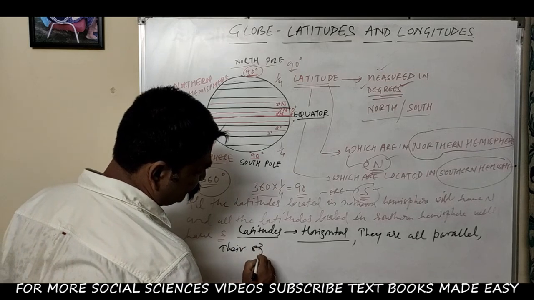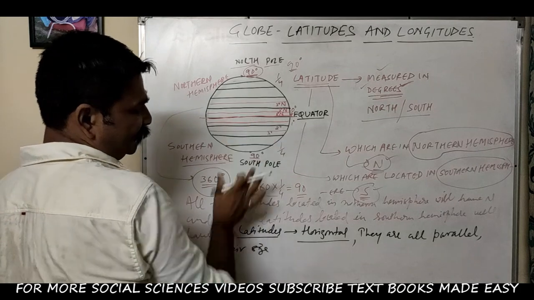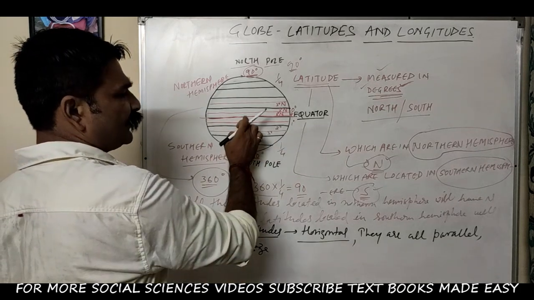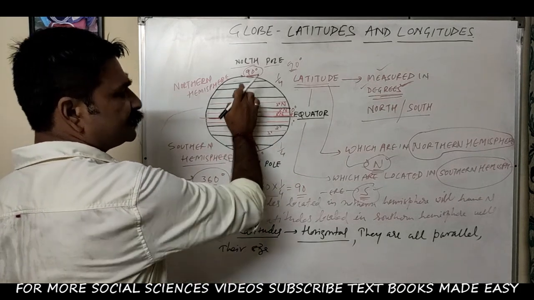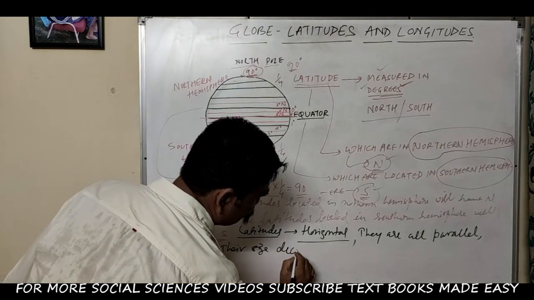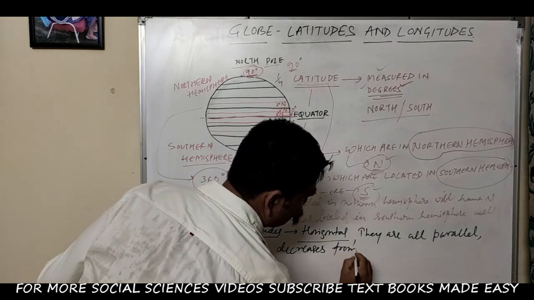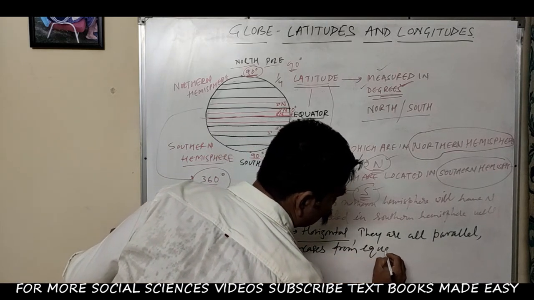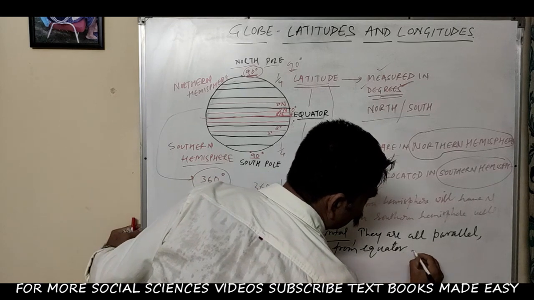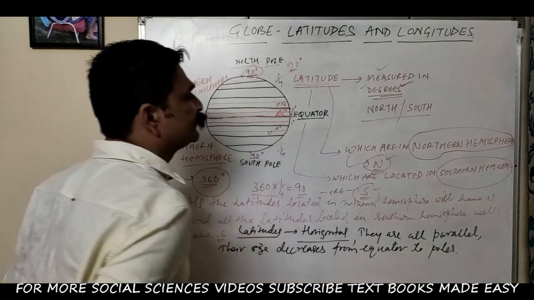The size of these latitudes decreases from the equator towards the poles. Their size decreases from the equator to the poles.